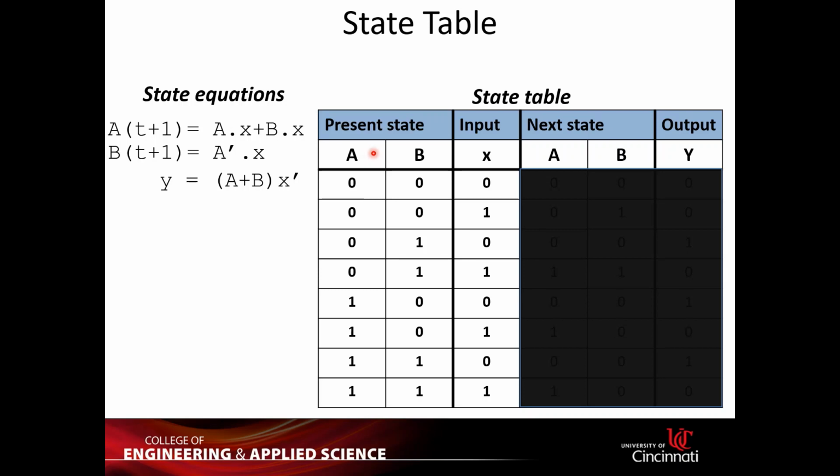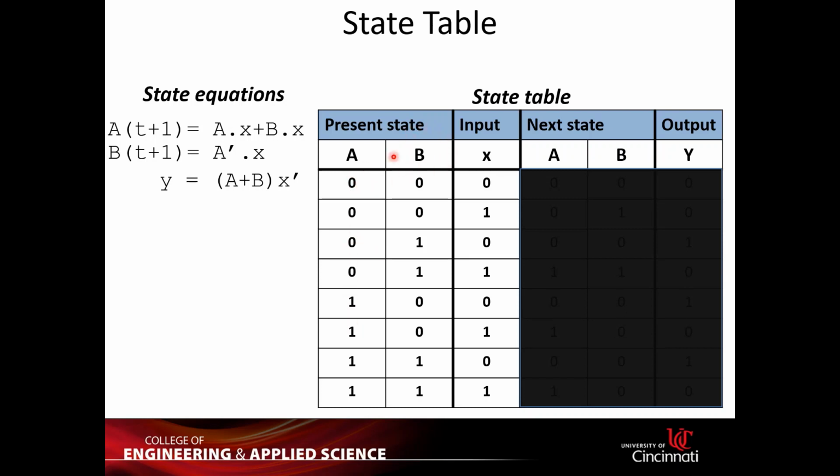As we see here, we have two D flip-flops, and each D flip-flop will have an output, its own state. So A here represents the first D flip-flop, and it will output either a 0 or 1.